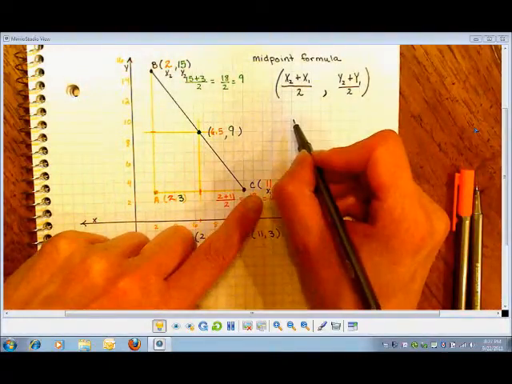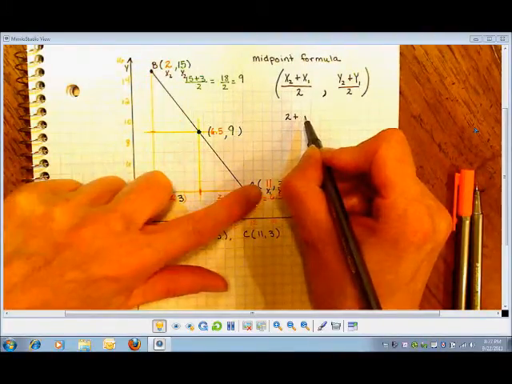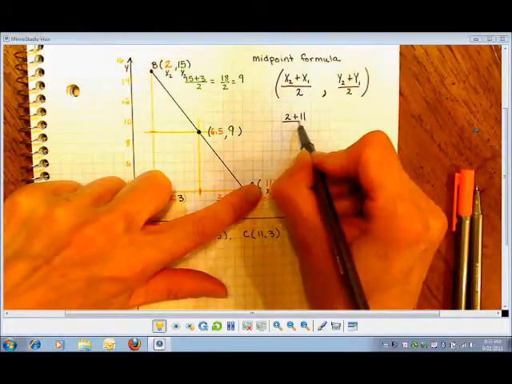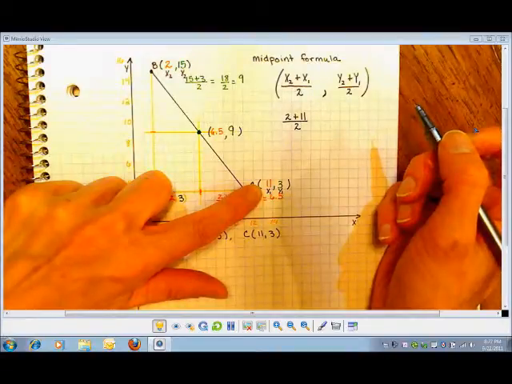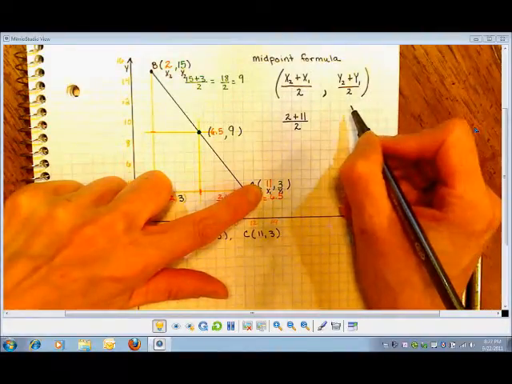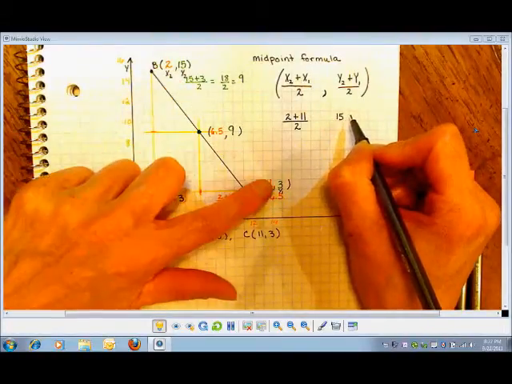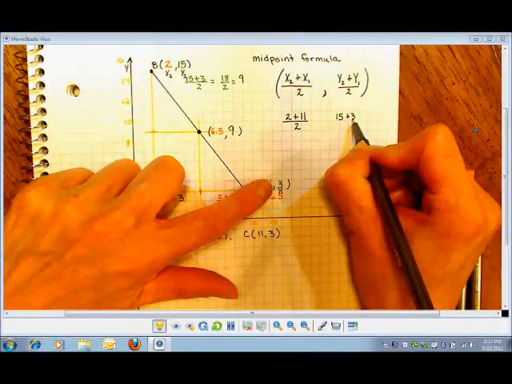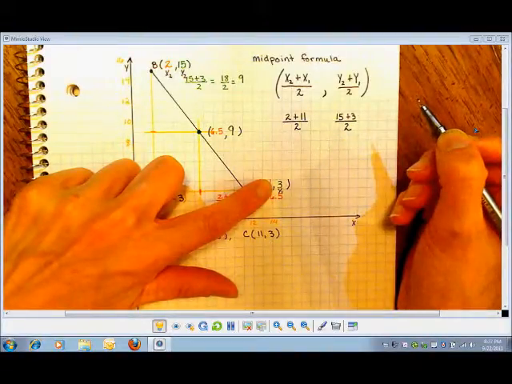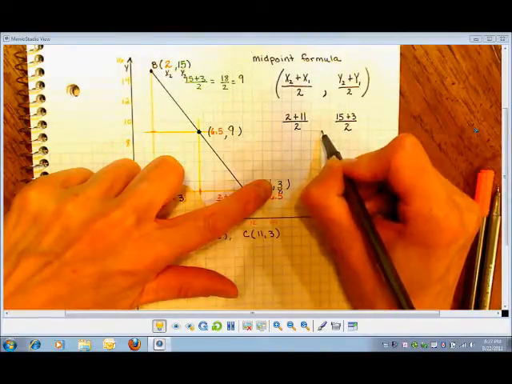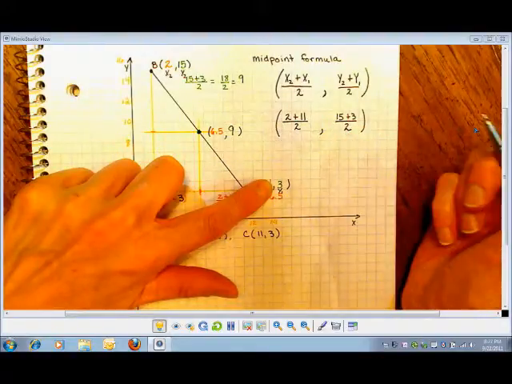So x2 is 2 plus x1 is 11, all divided by 2. That's my x coordinate. My y2 is 15, and my y1 is 3. Take the average of that. That's my y coordinate. Because they're coordinates, I put a comma between them and parentheses around it.